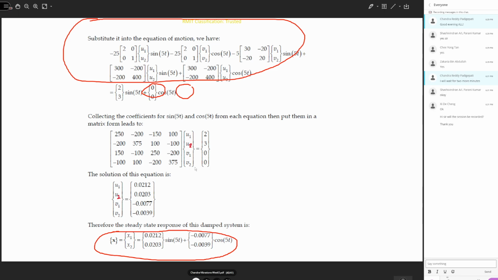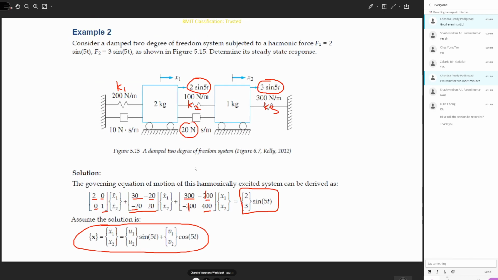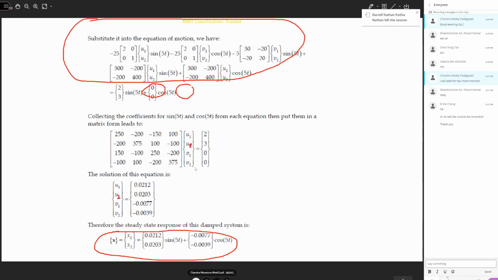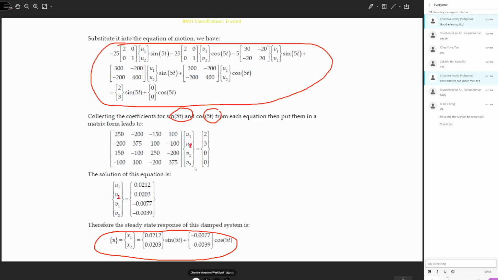You can see in this question and the previous question, wherever you get a 4 by 4 determinant, this type of question will not be asked in the exams, simply because you can't solve a 4 by 4 matrix without the help of programmable calculators.